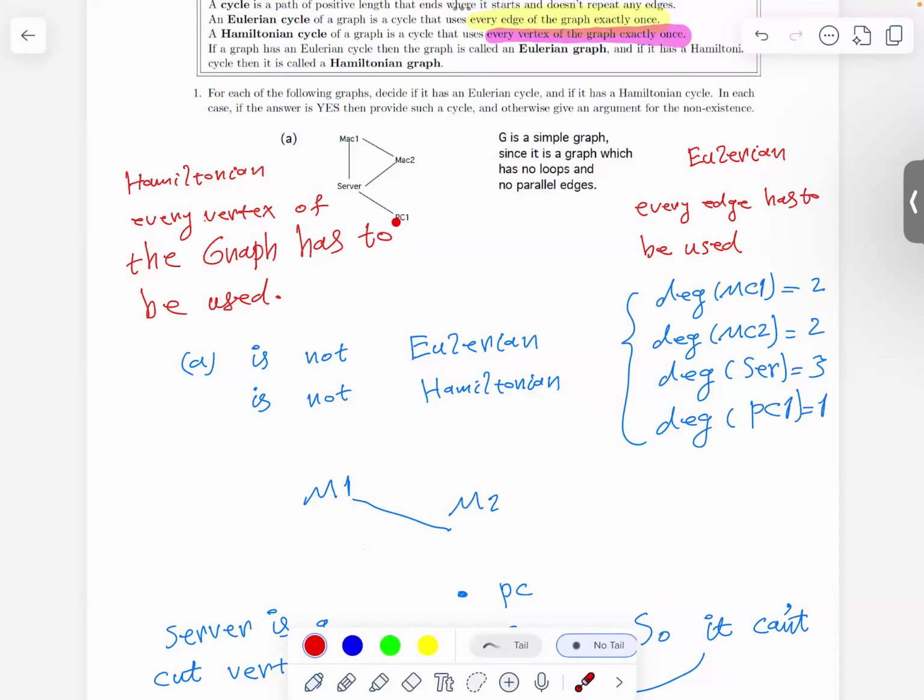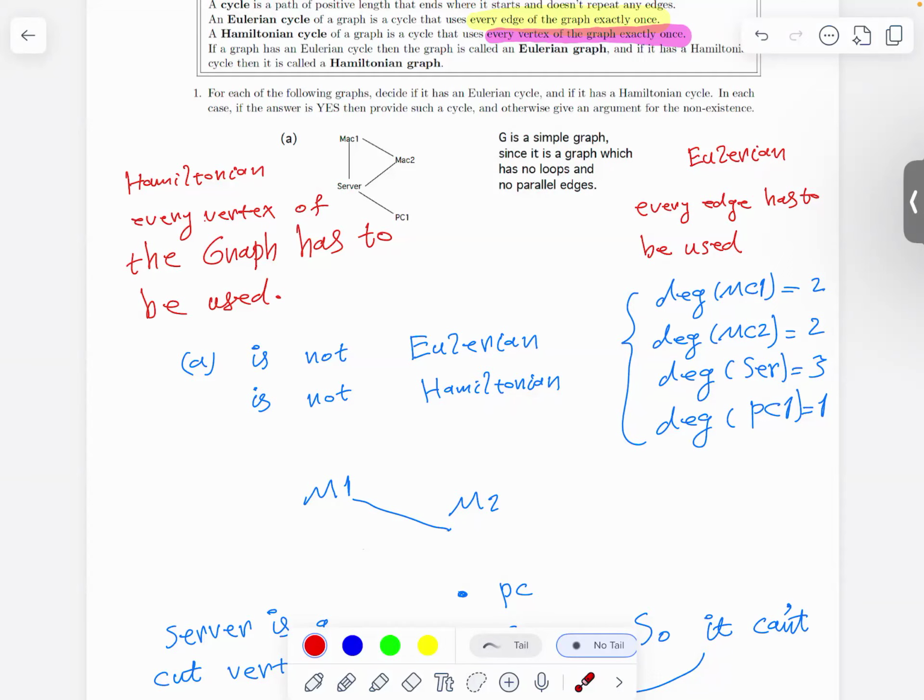We can see that we can start from here 1, 2, 3, 4. Okay. This one is a path which is not Hamiltonian. Sorry. It's not Hamiltonian. But what I did was an Eulerian path. So it has got an Eulerian path.